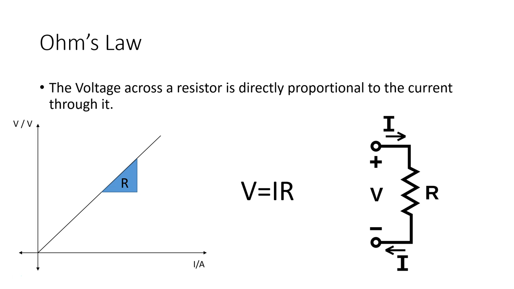Ohm's law is very simple. It simply states that the voltage across a resistor is directly proportional to the current through it.